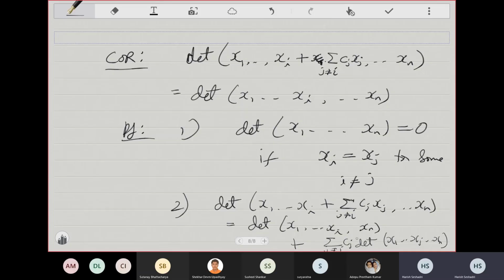Well, right now each of these terms is 0 because there's an xj here, but the j is not i. This is the ith slot. So the place where xj is occurring is the ith slot. But we have an xj instead of xi.